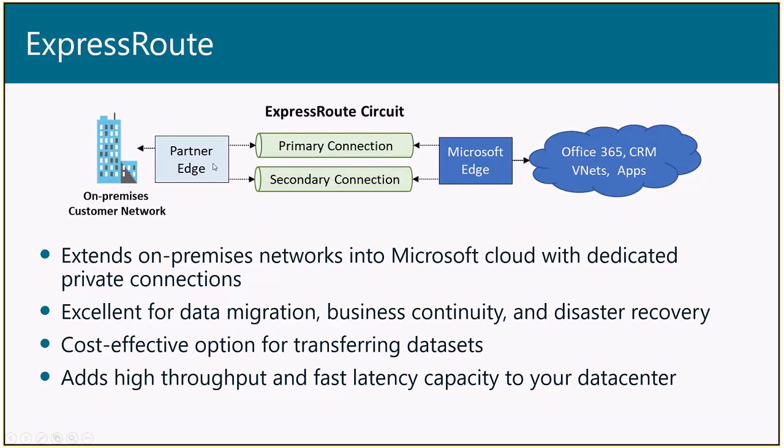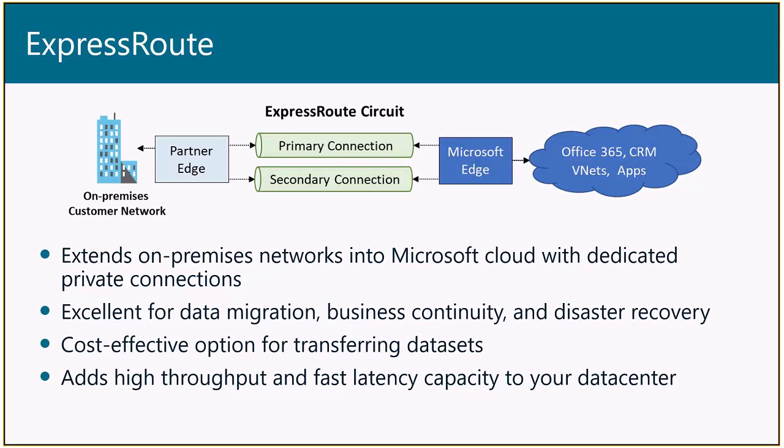And the partner, which is the on-prem, also needs to have an edge. So the partner edge is what the on-premises side goes through. Instead of the gateway, you're going through the edge. You'll notice your primary connection and secondary connection; you can have as many connections as you can handle talking to this edge before you can go out to talk to anything here.